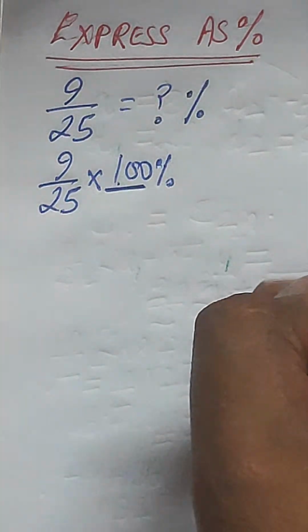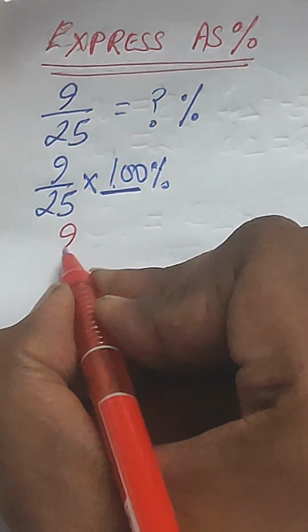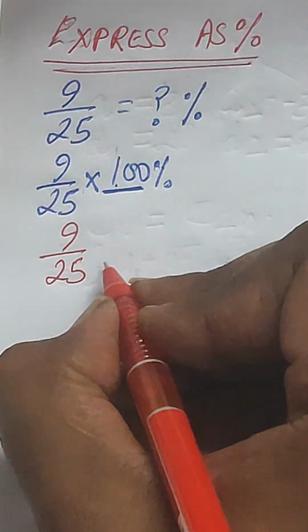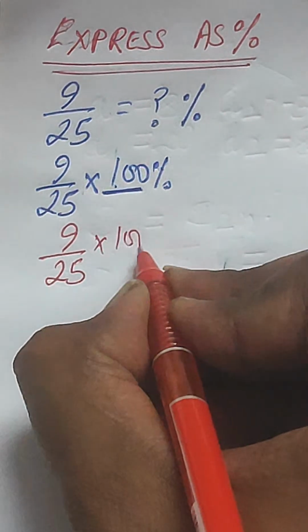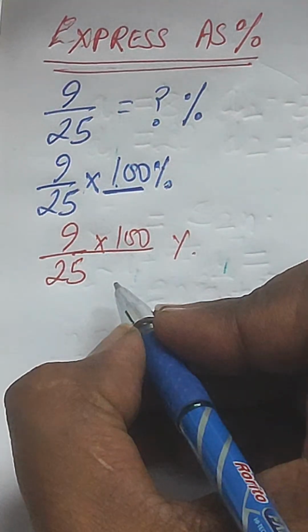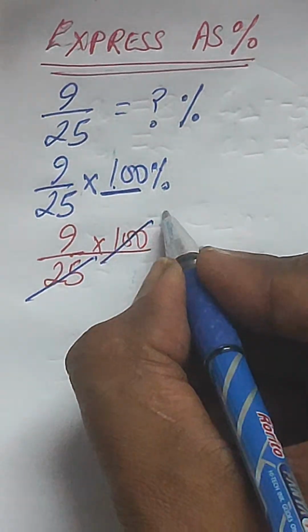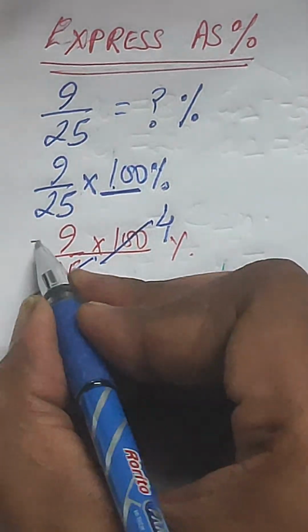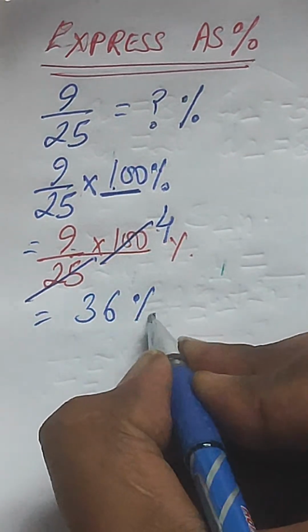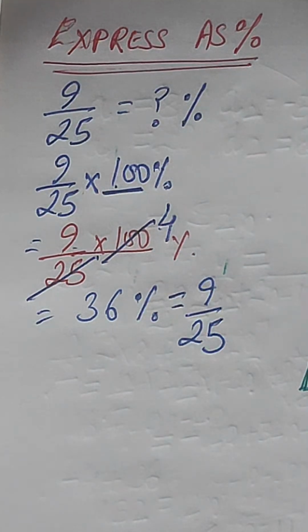So this can be further calculated as 25 will go into this 100 four times. So this will give you 9 into 4, that is 36. So 36% is the value of 9 by 25.